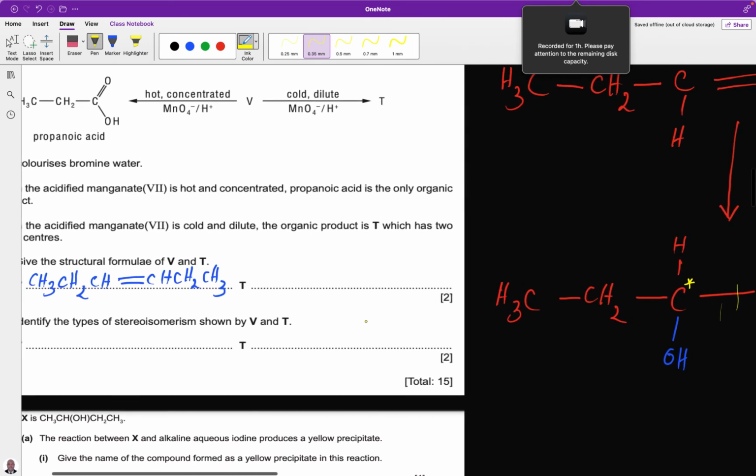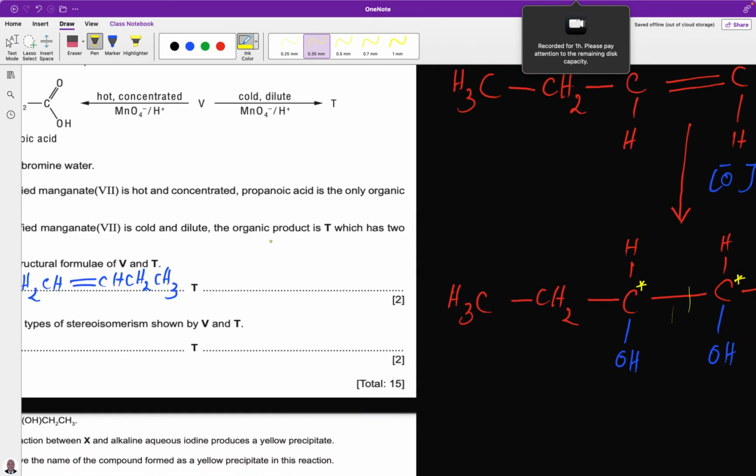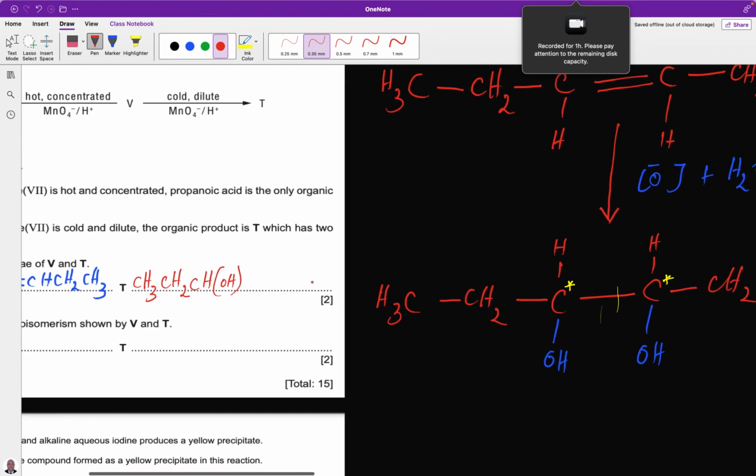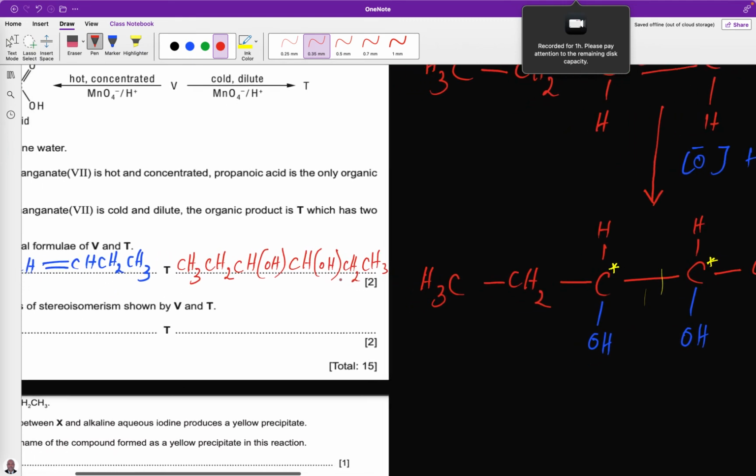The structural formula for T will be CH3, CH2, CHOH, CHOH, CH2, and CH3. That will be the structural formula for T.